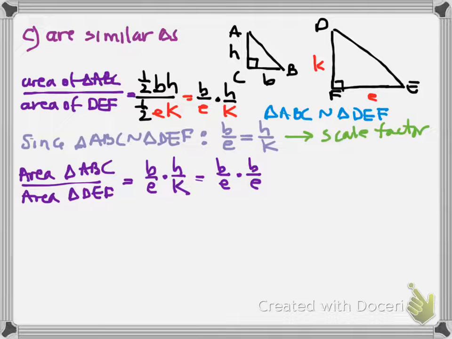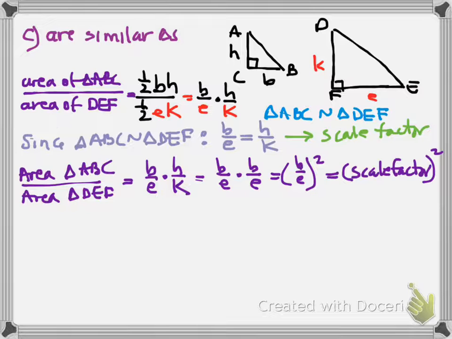We could have just as easily said H over K times H over K, which means the ratio of those corresponding sides would be squared. And since each ratio of corresponding sides is a scale factor, ultimately what we're taking is the scale factor and squaring it.